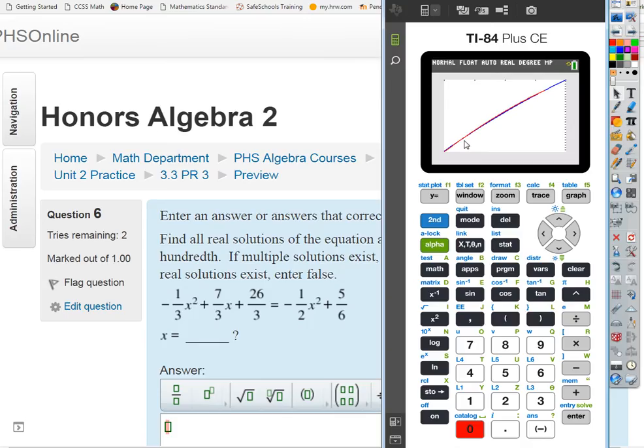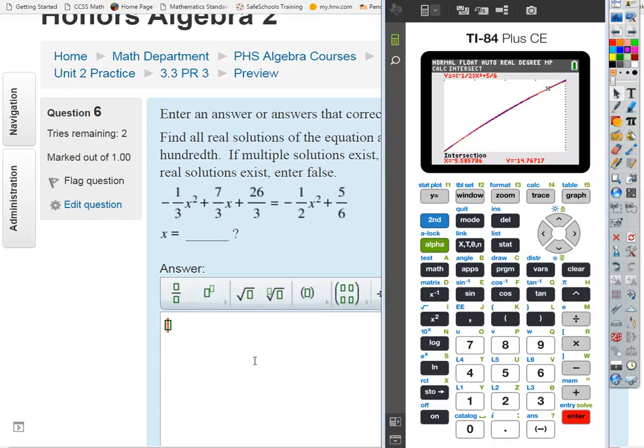It looks like we're going to get a solution there and a solution there, intersections. So second calc, intersect, first curve, second curve. We'll do the right solution first, so we'll go up here by this one. And rounded to two places, we get negative 5.59.